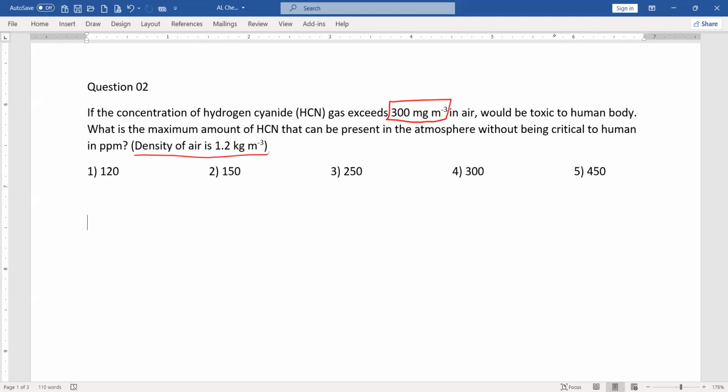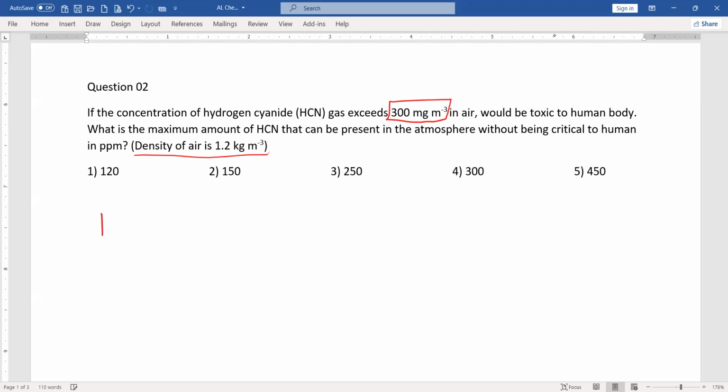We are not in a position to count the particles all the time, so we can express it as a mass. In this particular question, we have to calculate the number of milligrams present in 1 cubic meter.